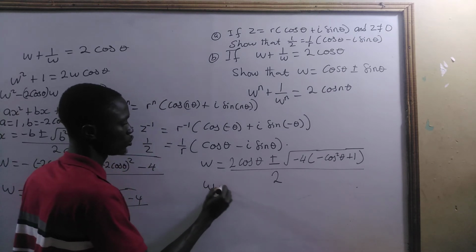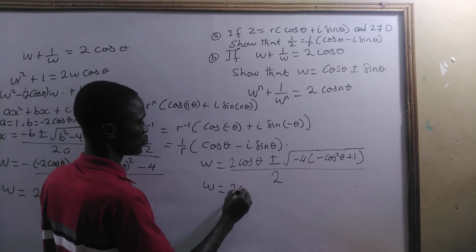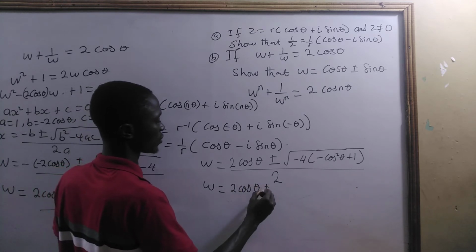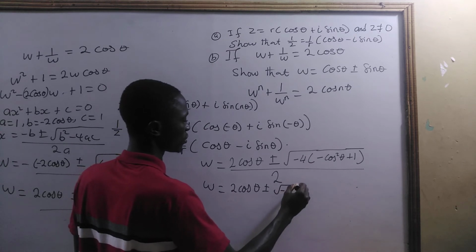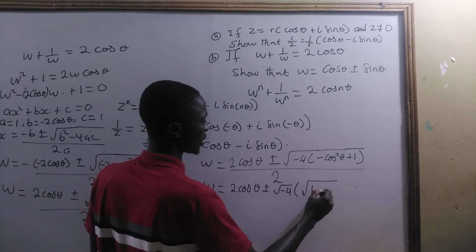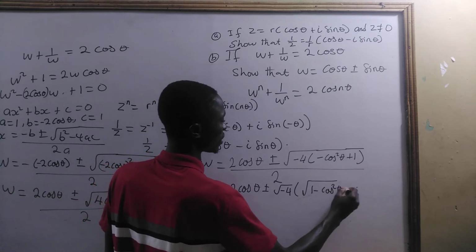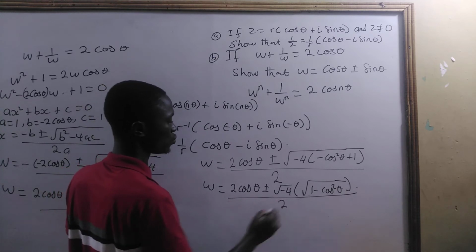We have our w to be equal to 2 cosine of theta plus or minus the square root of minus 4 times 1 minus cosine squared theta, all divided by 2.